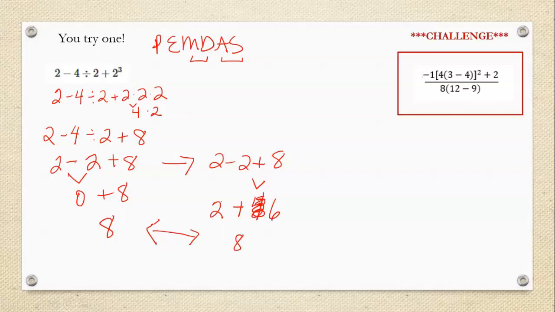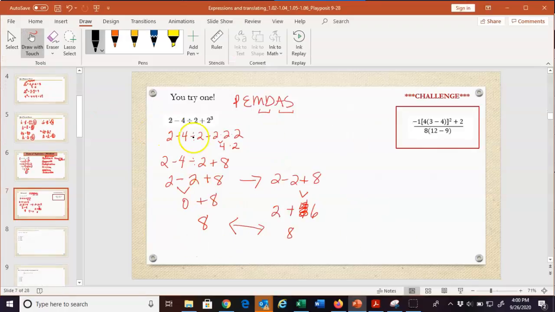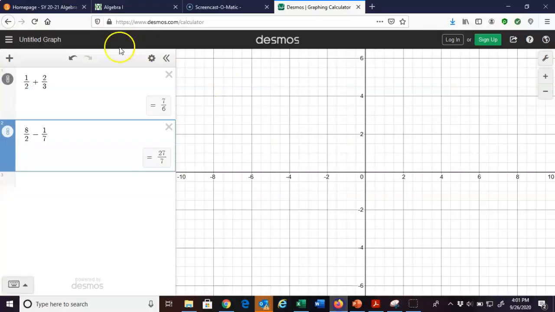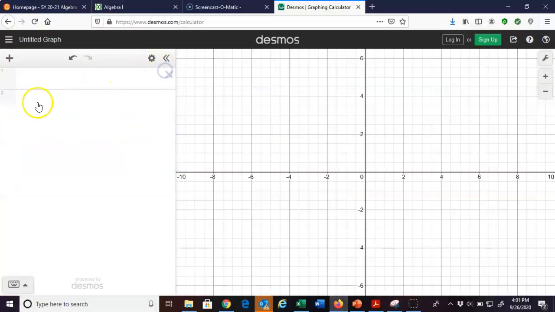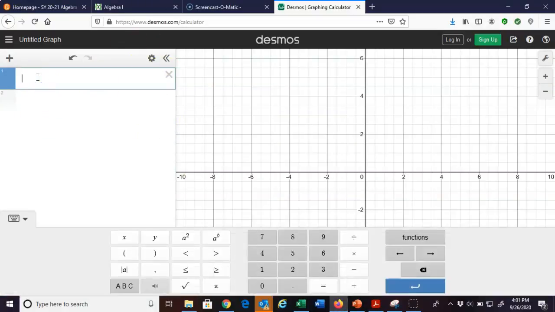Now, I want to show you guys this one in the calculator because this is where sometimes the calculator could be wrong. Not so much wrong, but you got to be careful with how you put it into the calculator. So we have 2 minus 4 divided by 2. Now look what happens if I just kept typing. Plus 2 cubed. Like if I just kind of typed it as I saw it, this is what we would get.